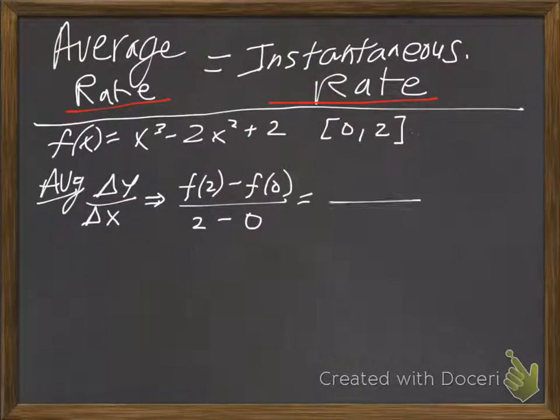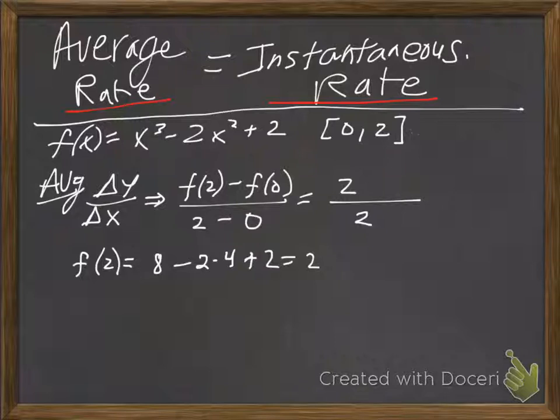Well, they've given us the x values here, so that's pretty easy. The delta x is 2. The delta y, well, we don't have f of 2 or f of 0, so we'll have to do a bit of calculation here. So f of 2 is equal to 2 cubed, 8, minus 2 times 2 squared, 4, plus 2. So 8 minus 8 plus 2 will give you positive 2.